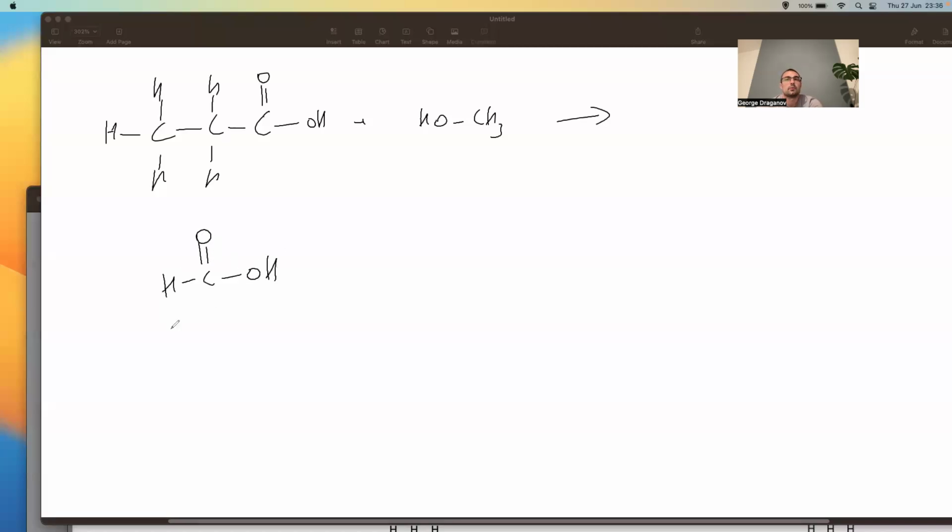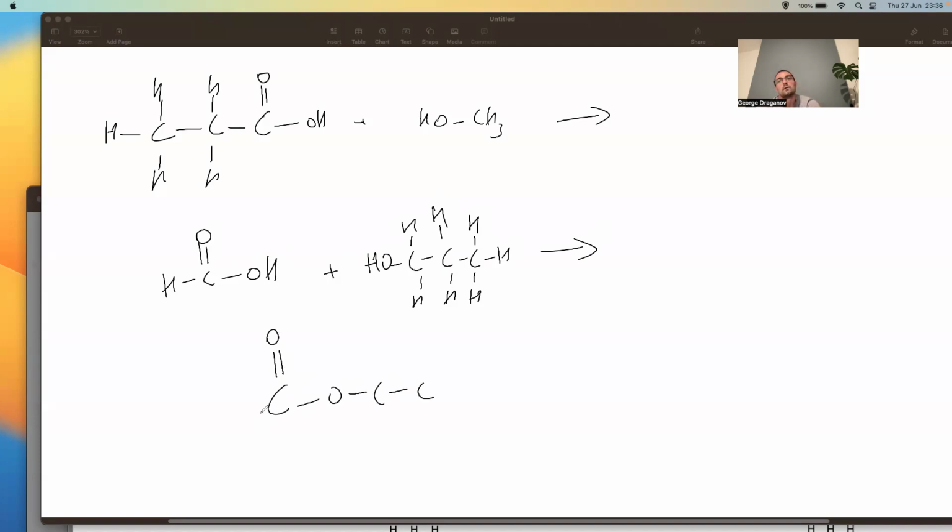So this is the simplest carboxylic acid, methanoic acid. Then I'm going to do one backwards. So I'm just going to draw the ester here for you. And we're going to work that one backwards, like what was used to form it.